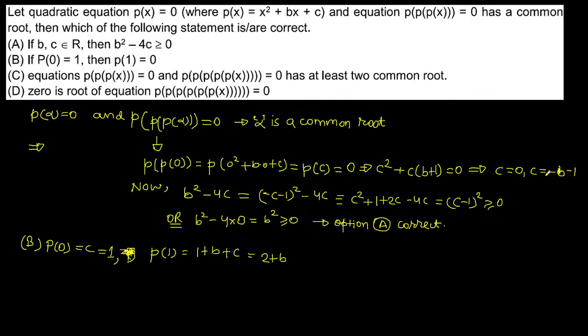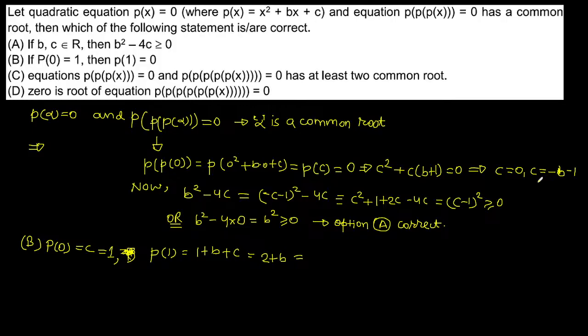If we say c equal to 0, b is equal to minus 1.